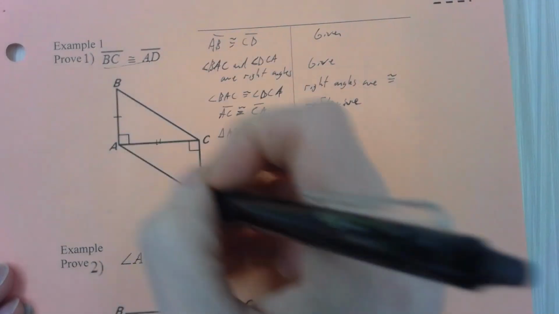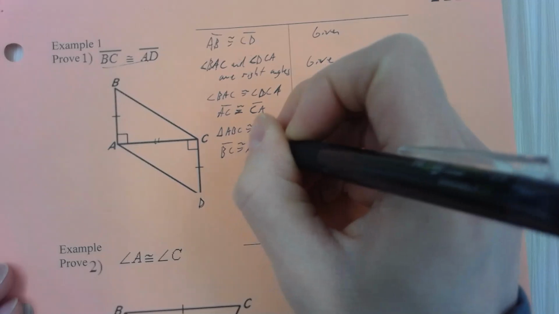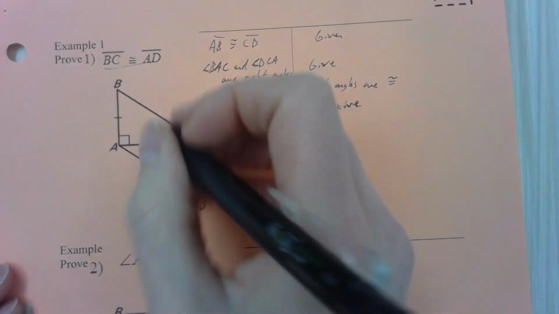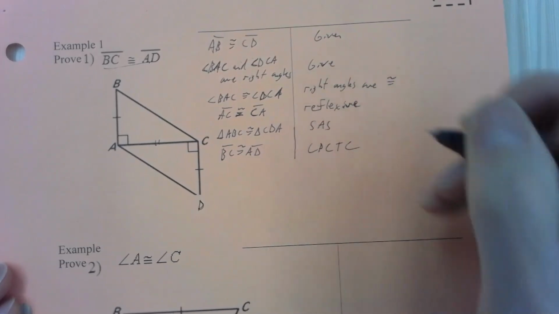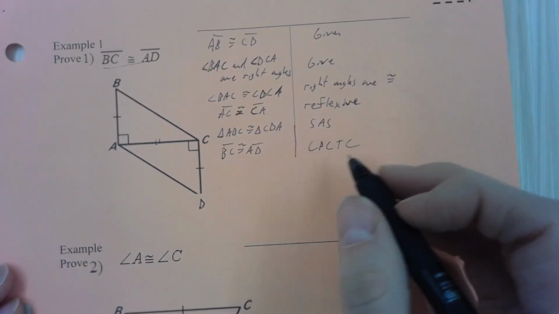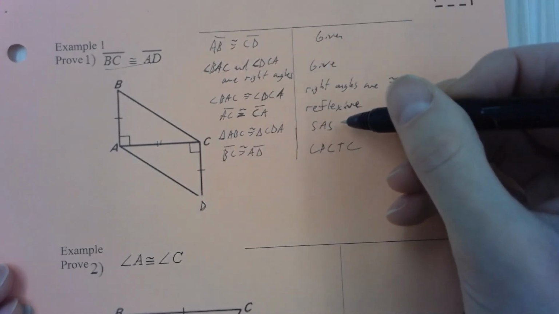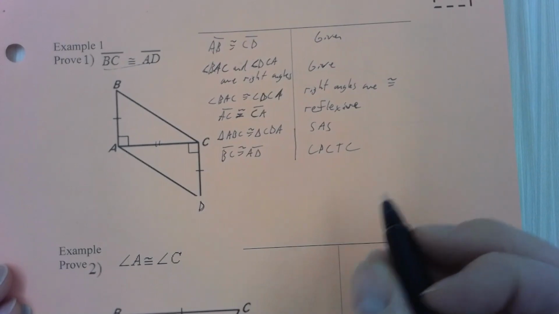BC corresponds with AD. BC is congruent to AD because those are corresponding parts on congruent triangles, and they're congruent. Okay? Corresponding parts are congruent, triangles are congruent, CPCTC. So we show that the triangles are congruent, and then we just go one step further to say those parts are congruent.